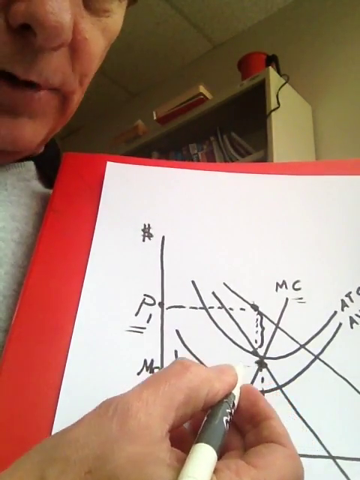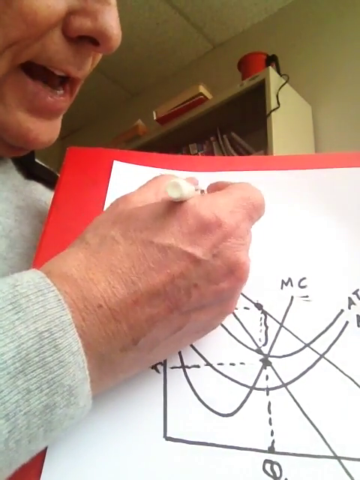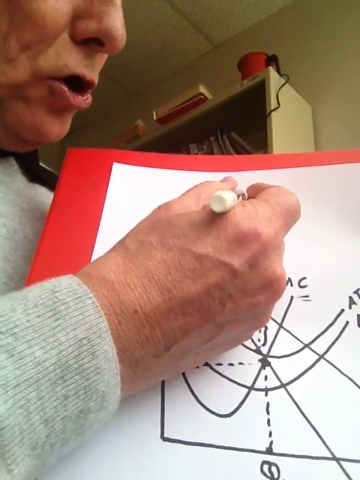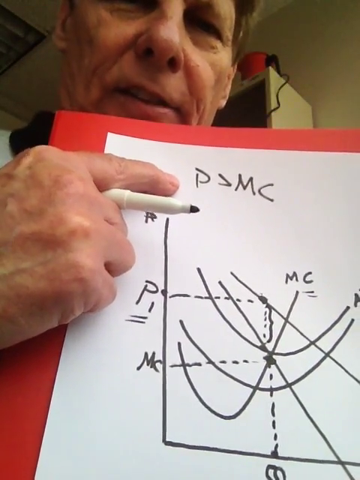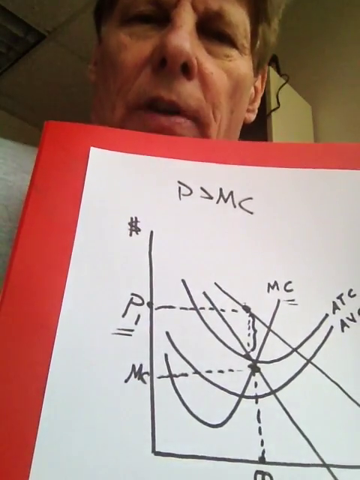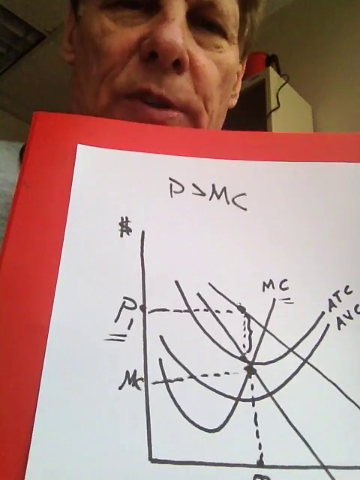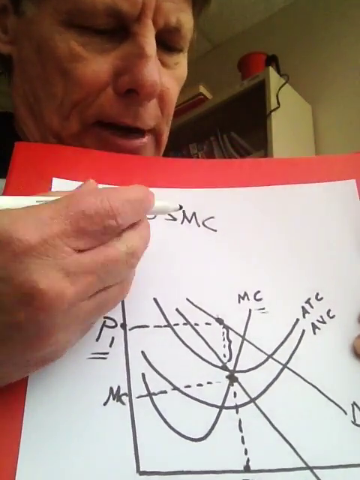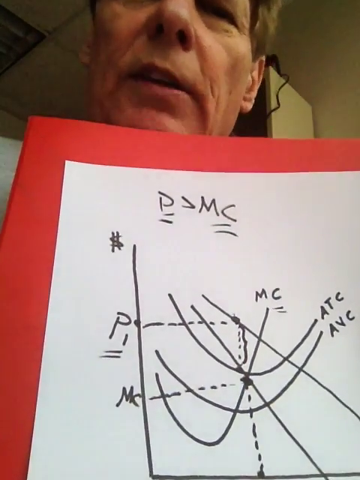Draw that line up to the marginal cost curve and over. You will see that price at equilibrium exceeds marginal cost. The price is the value of this product. The marginal cost is the value of the alternative product, the sacrifice, that could have been made with these resources. The society is saying, we value this product more than we do this product. Give us more, give us more, give us more.